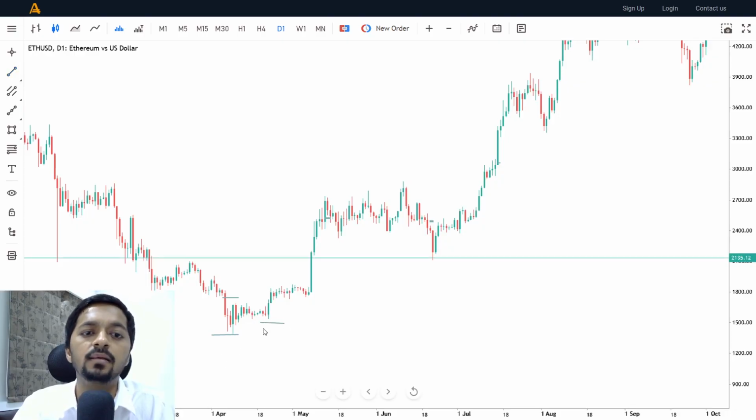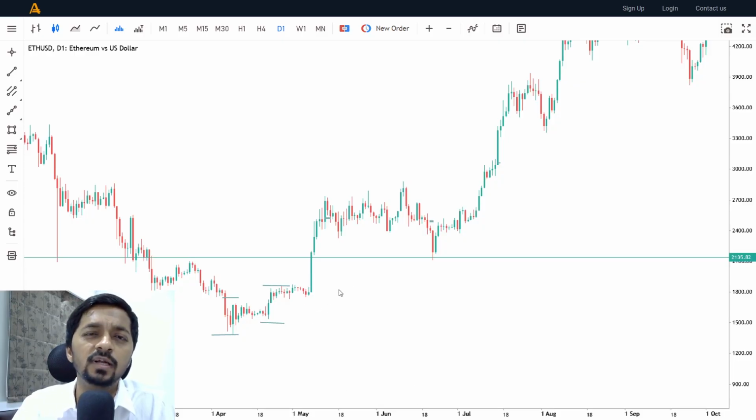See, price made another low. So now we need to wait for what? We have two lows and we have one high, so we need one more high, this one. As and when we spot those higher highs and higher lows, your work is done. It means that upward trend is going on in the market, or we can say that the potential of an upward trend is there in the market.